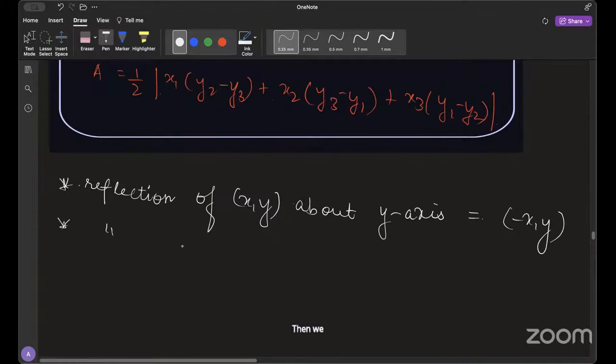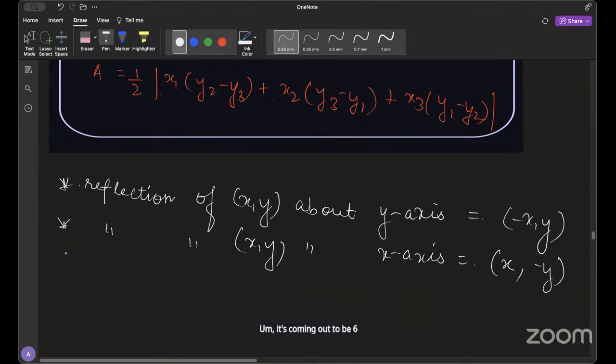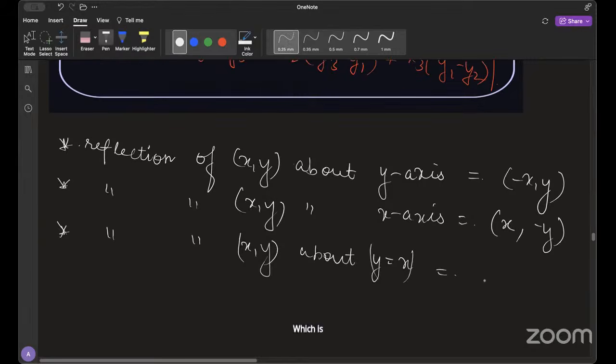Then we have the reflection of point (x, y) about the x-axis. This should be equal to x kept as it is and the sign of y is changed. Then we have the reflection of (x, y) about the line y equals x, which is given by (y, x).